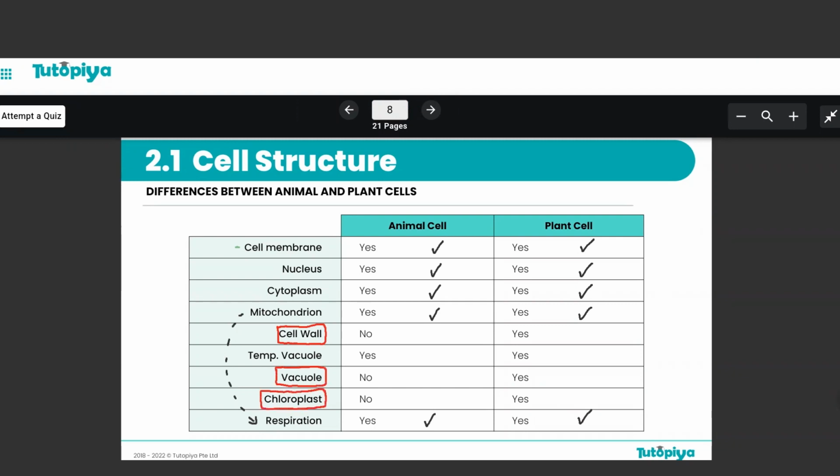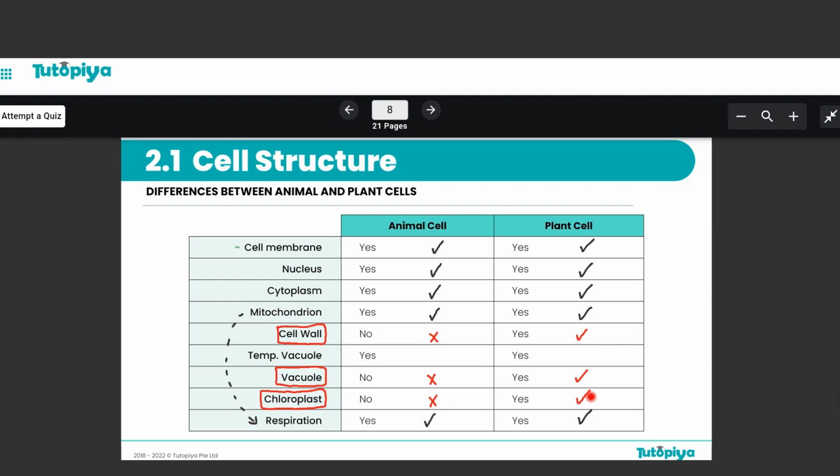So these three structures, we saw that they were absent in the animal cell and they were only present in the plant cell. So these are the most important things that you need to focus on: the cell wall, vacuole, and chloroplast, which are only present in the plant cell.